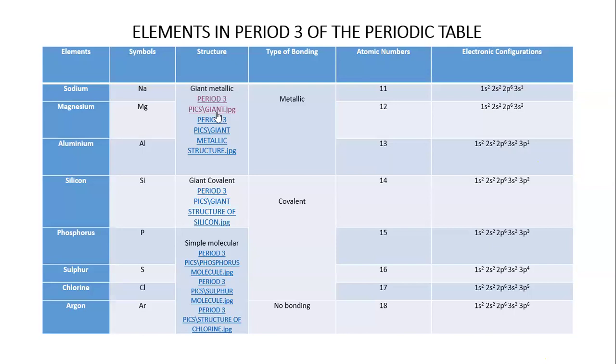The giant metallic structure is formed by the interactions or the attractions between the atoms and their electrons. So you can find that this is the giant metallic structure in 3 dimensions. You can still look at another one.